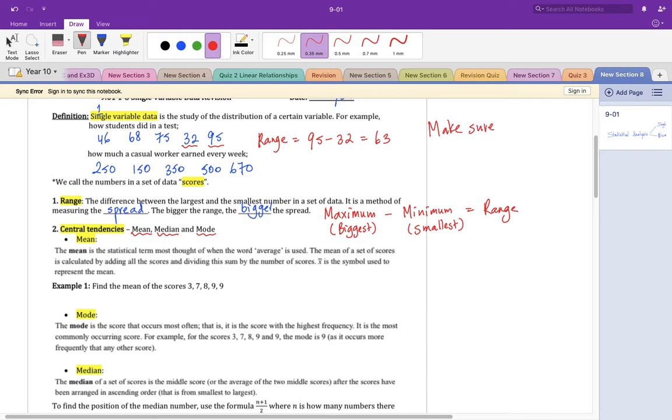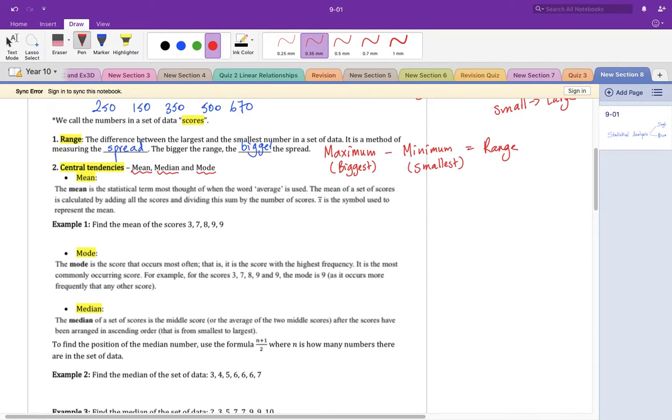So make sure you put the scores into ascending order, because ascending means going up, right? So ascending order means from small to large. Okay, so as you can see, 3, 7, 8, 9, 9. That's from small to big. That's ascending.